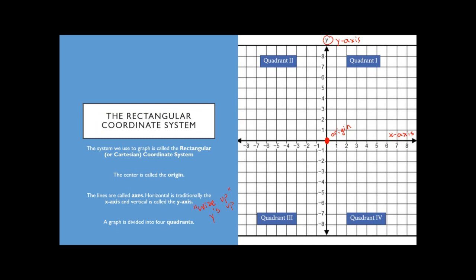The first quadrant is the one we're in most often, where both values are positive, and so that's the top right. And then we could have some negative inputs, so that moves to the left, and then we just follow counterclockwise from there. So that's how we label the quadrants, counterclockwise, starting in the top right.